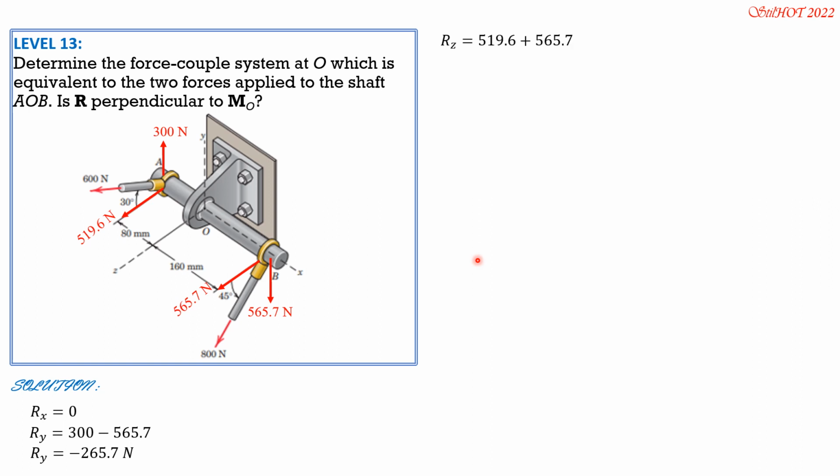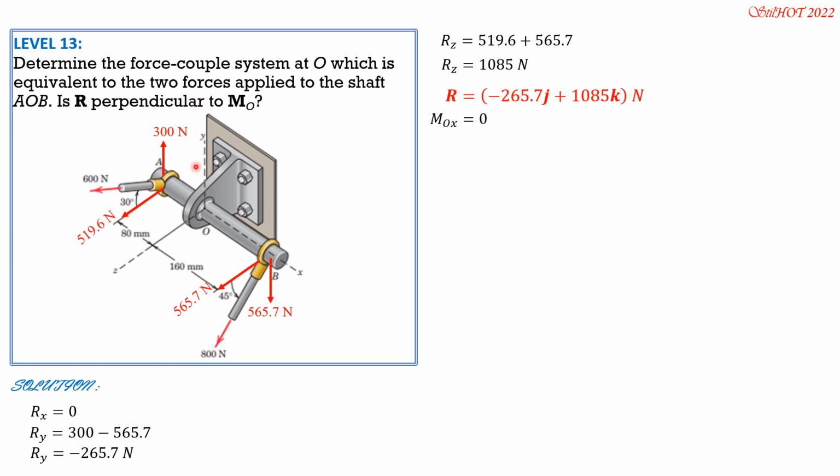So the Z component of the single force is equal to 1085 newtons. Therefore, in vector form, R is negative 265.7 J plus 1085 K newtons. For moment about OX, it's 0 because the original forces act on the x-axis. So MOX is 0.